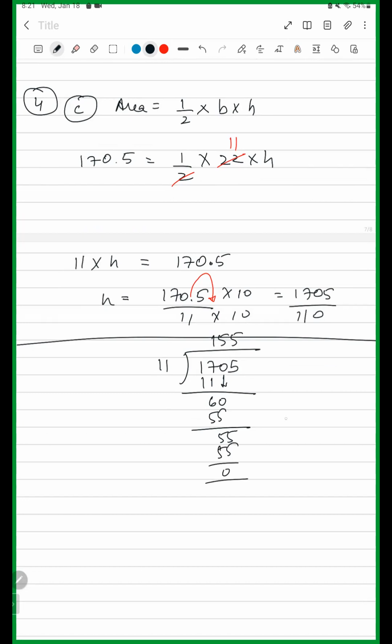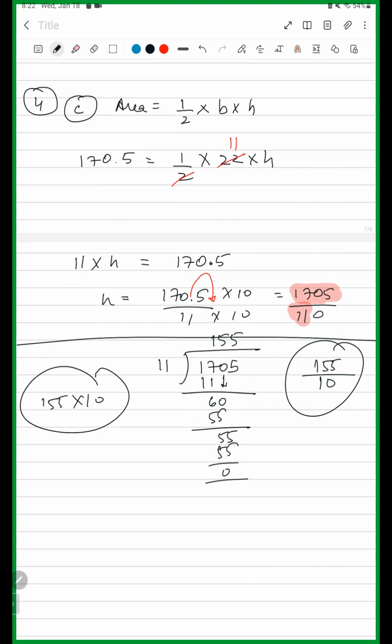Okay. So, अब ये जो हमारे पास आया है, it is 1705 divided by 11, which is equal to 155. हमारे पास it is 155 divided by 10. 155 multiplied by 10 नहीं है. अगर 155 मल्टीप्लाइड बाई 10 होता तब आप 1550 बोलते हैं, but it is divided by 10, right? So the decimal, this number will become smaller.